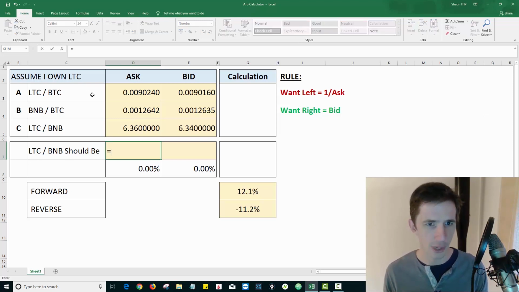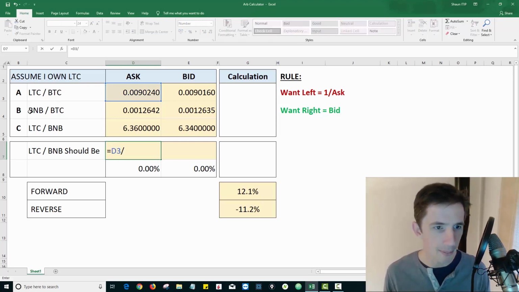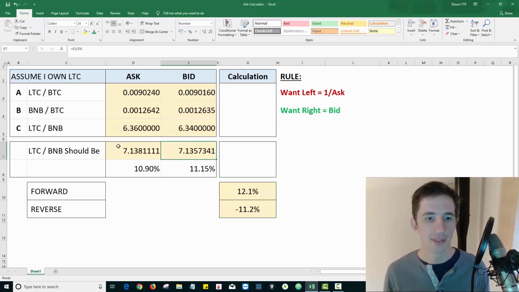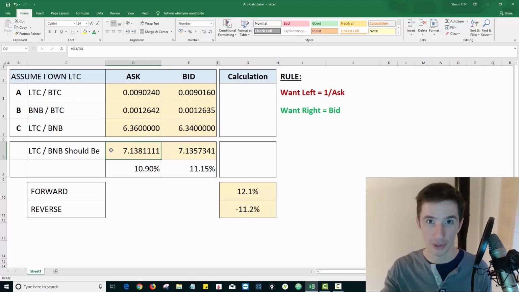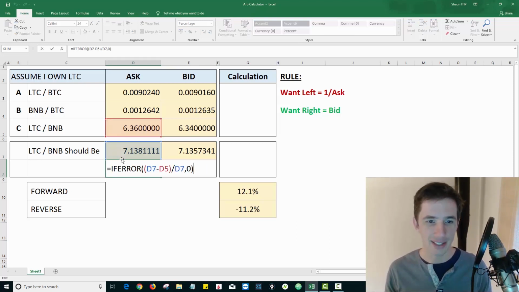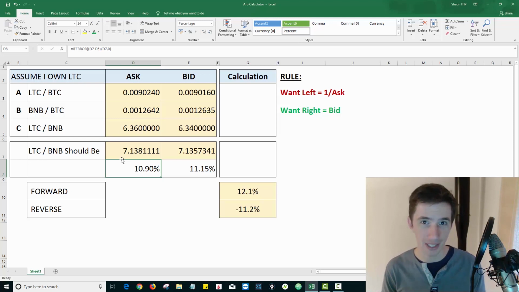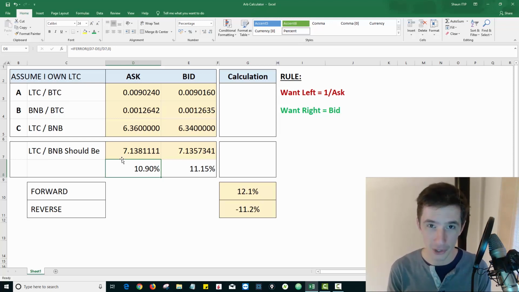So if I take Litecoin and divide it by BNB, that tells me it should be 7.14, 7.138, depending whether you're on the bid or the ask or whatever. That's what the exchange should be inherently given what the other two order books are, but it's not. And that difference is about 10.9%. So yes, there is a significant gap in terms of what the exchange rate is for those two coins. And somewhere in these three order books, there should be a triangular arbitrage opportunity.